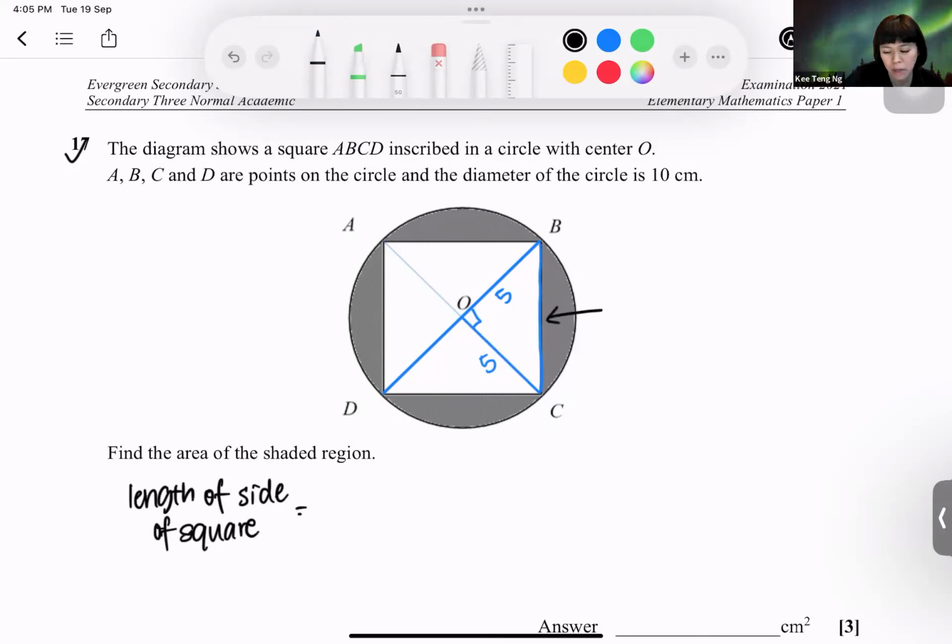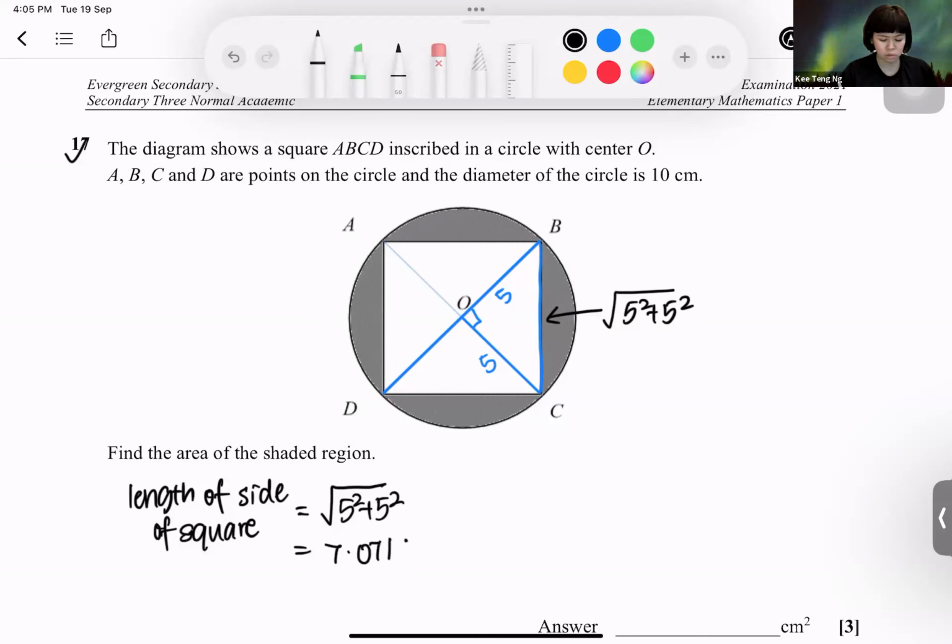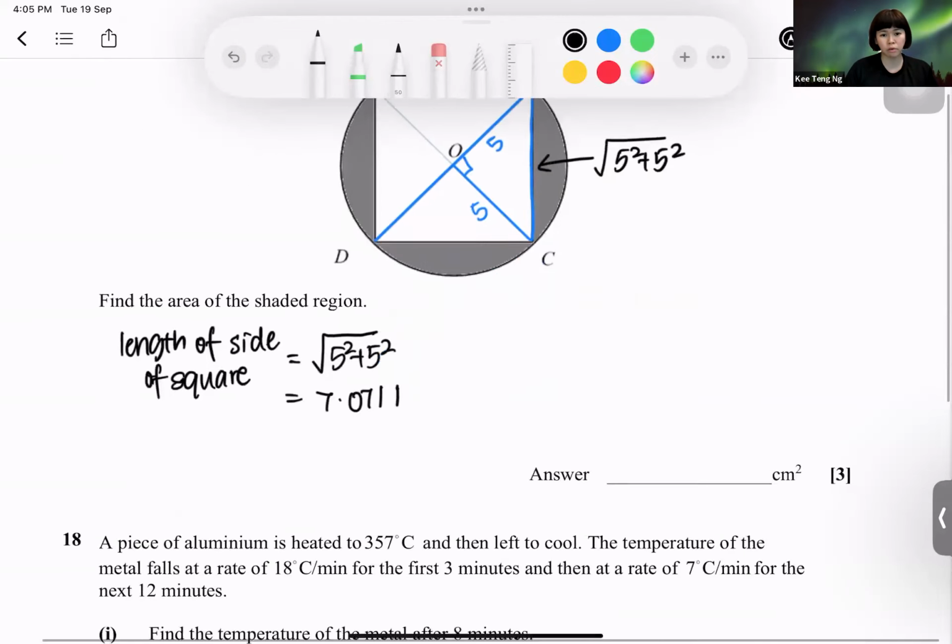We use the Pythagoras theorem: hypotenuse is the square root of 5 squared plus 5 squared. That gives 7.07107, to 5 significant figures 7.0711. So that's the length of one side of the square.